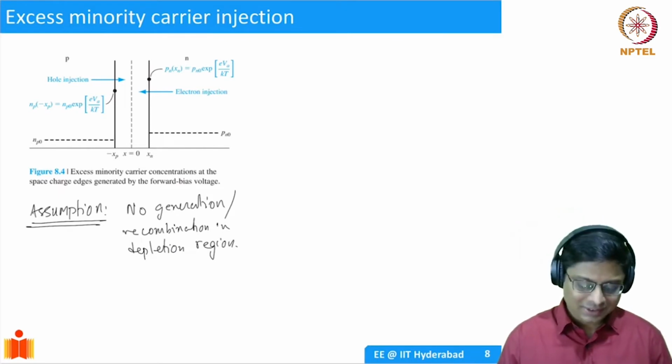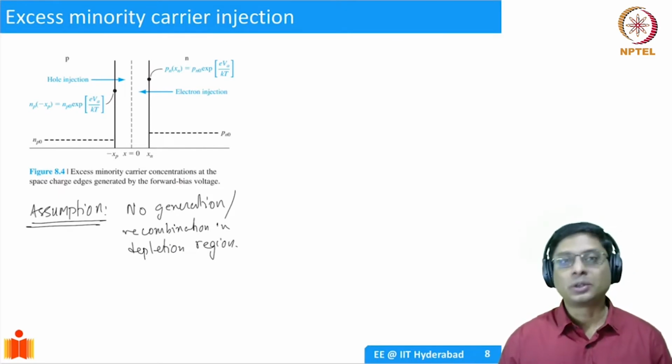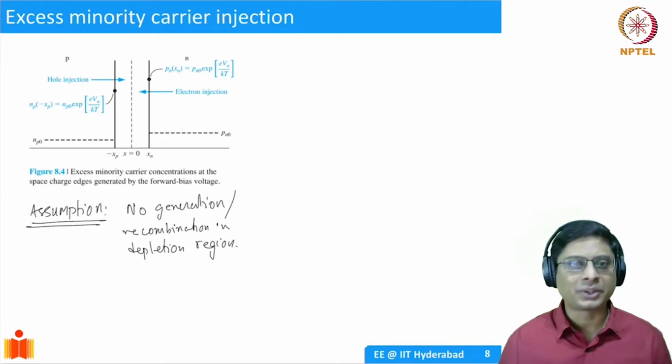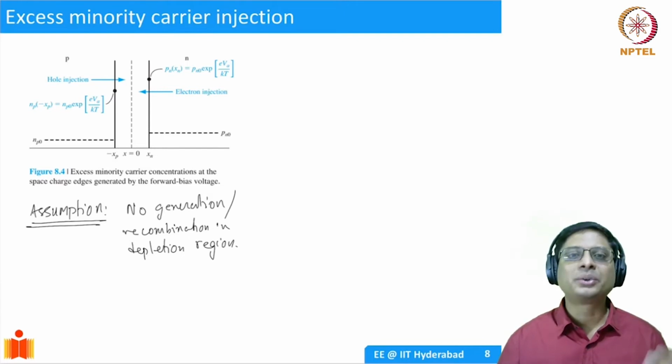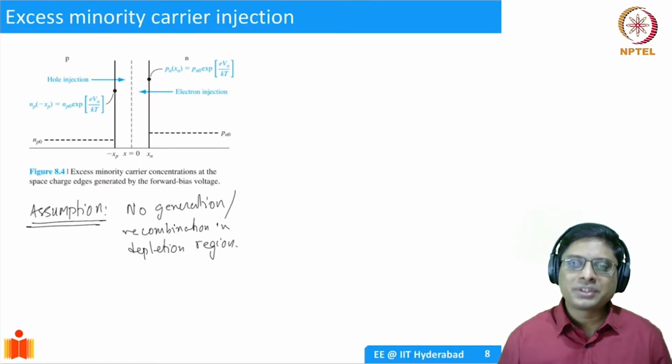The reason is, whenever you take a semiconductor out of equilibrium, it will try to come back to equilibrium. So we saw that if you introduce excess electron hole pairs, they will recombine and come back to equilibrium. Similarly, if you remove electron hole pairs, that is what we did in the depletion region, electron hole pairs will be generated and then it will try to come back to equilibrium.